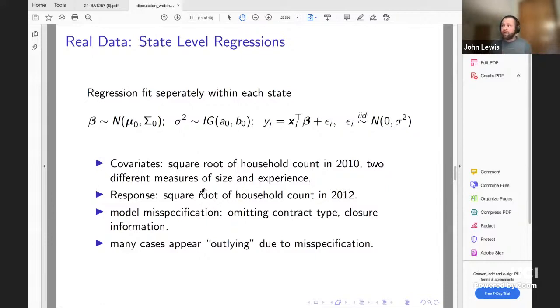There's definitely model misspecification here, because we're missing covariates. The one obvious one is contract type, which is not in the covariates, and we're not accounting for closure information. Those zero counts have no pre-cleaning of the data. Of course, there could be other unknown misspecifications, and this can cause many cases to appear as outliers.